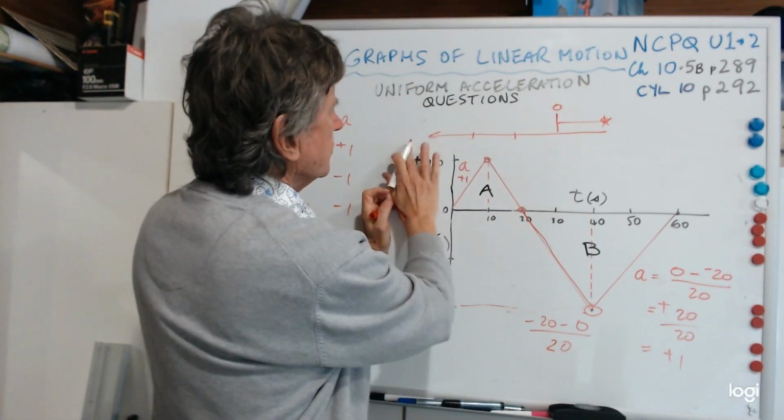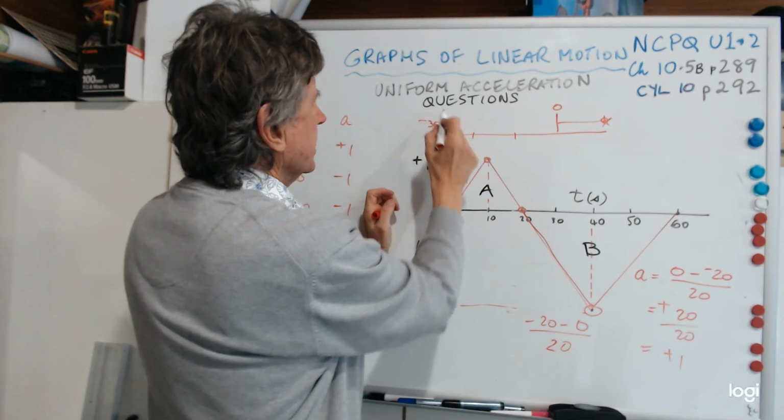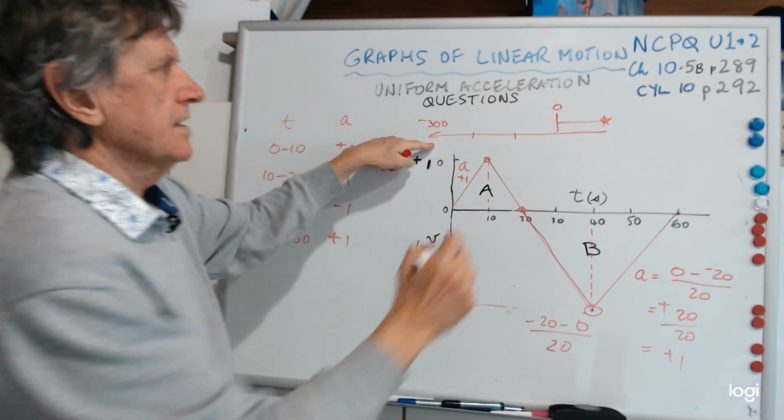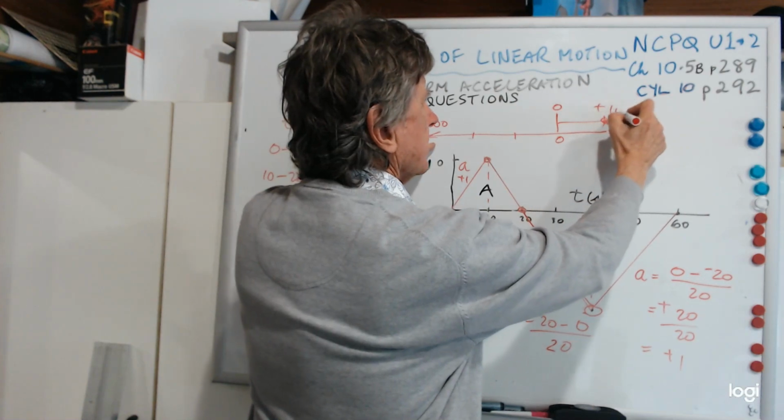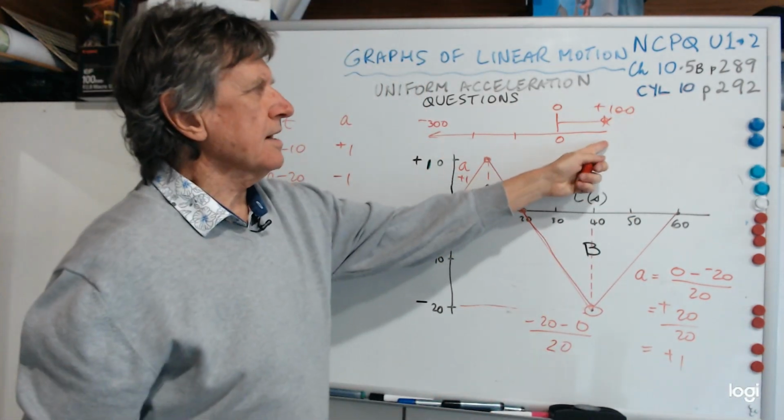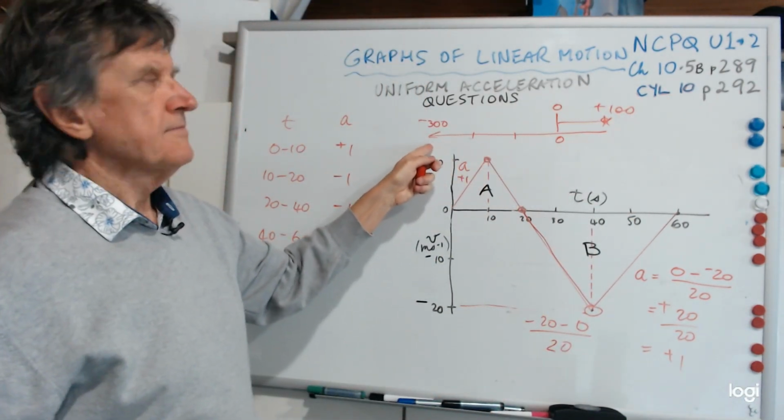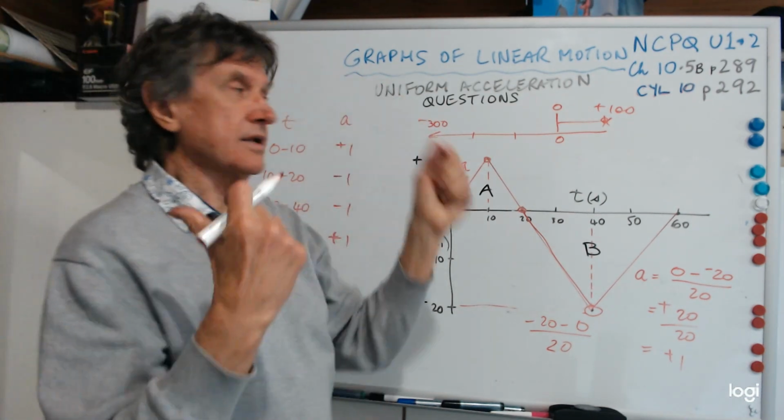They'd gone 400 metres, so they were back at negative 300 there. That's a 0, that's plus 100. So they'd come a distance of 400, but they're at the 300 metre mark in the negative direction.